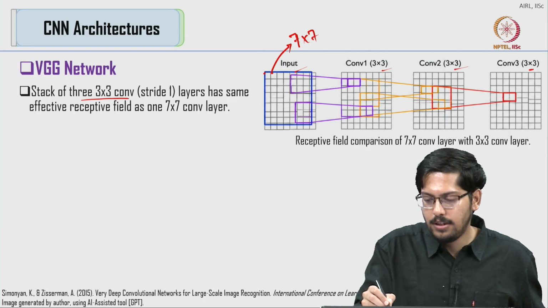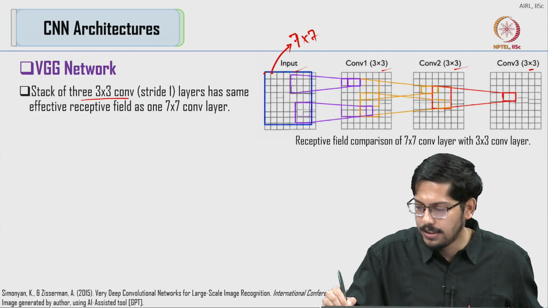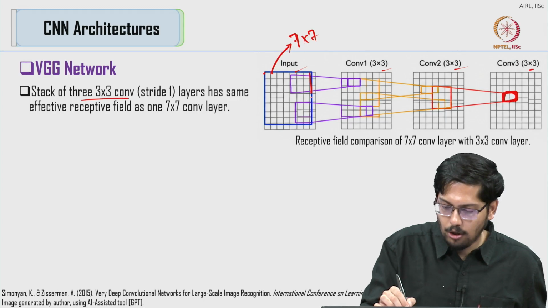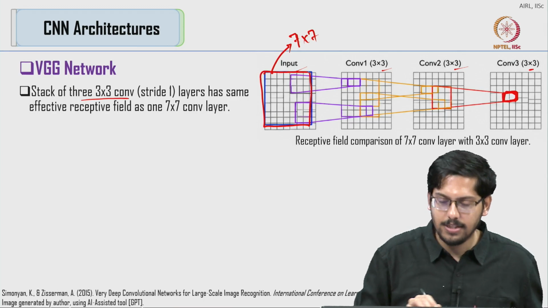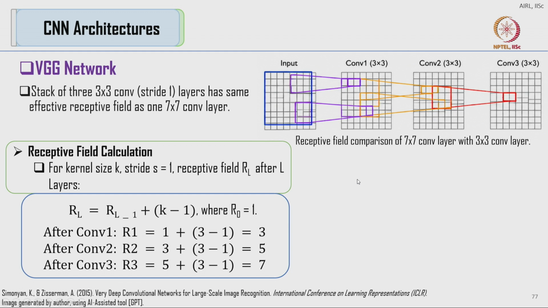Now, if we have 3 successive convolutional layers of 3x3, then the effective receptive field of this particular conv layer 3 when projected on the input would be 7x7, and if we look at the receptive field calculation for kernel size k, stride s equal to 1, and the receptive field R_L after L layers, we can represent this receptive field using the formula given.